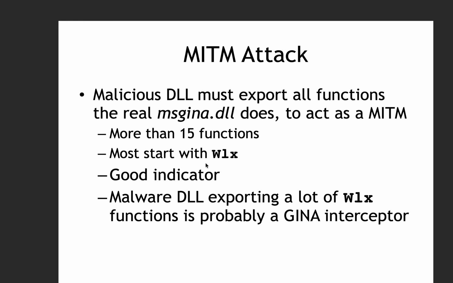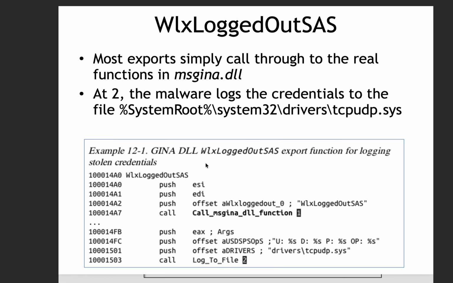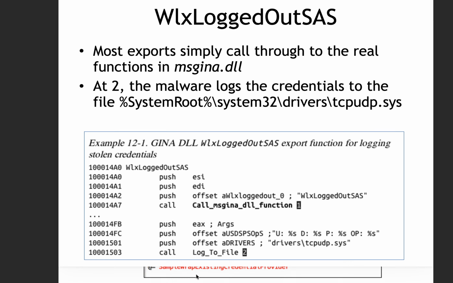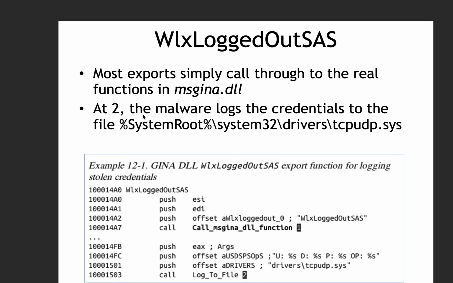And what you want to do is take a look here, and you can see the WlxLoggedOutSAS, and it calls msgina, which is good. But then you see this log2 file right there, and you'll see that the malware logs credentials to system root 32 drivers tcpudp.sys.